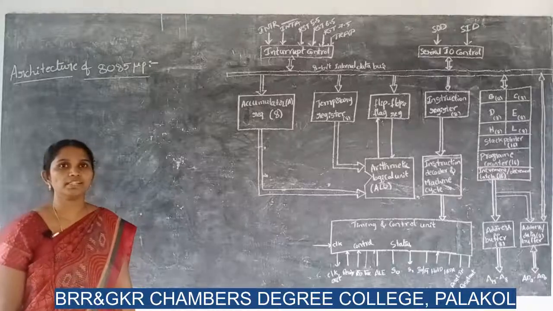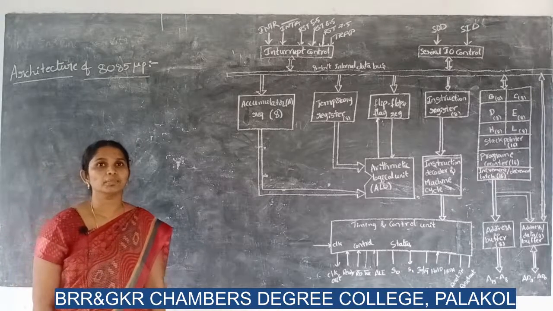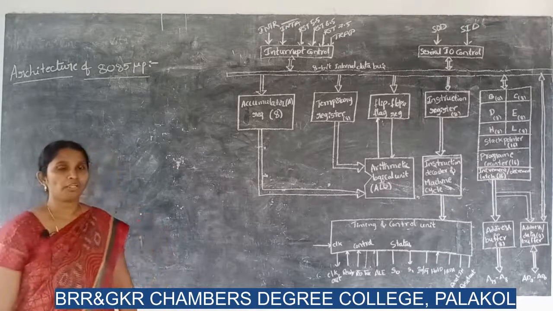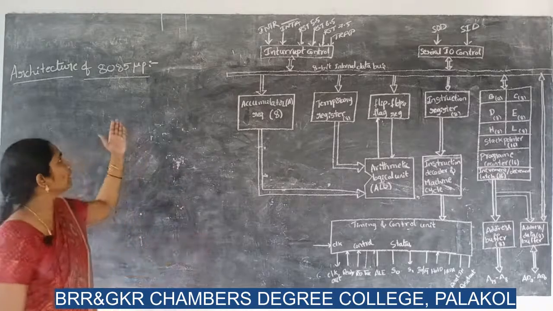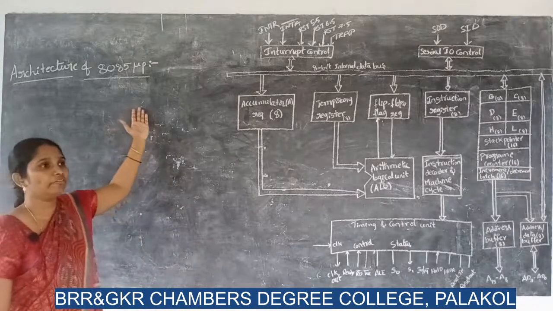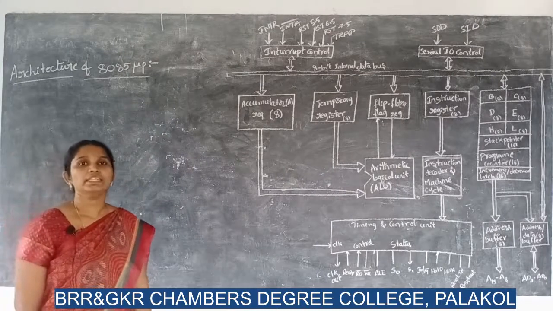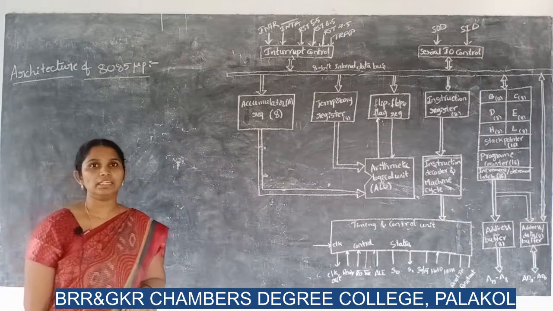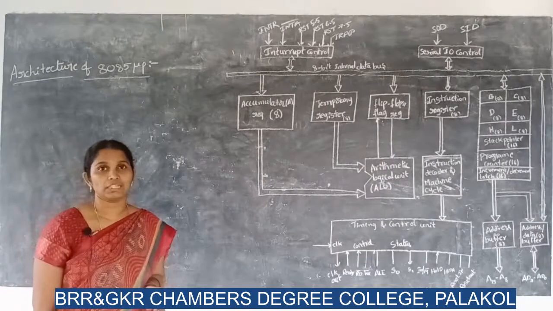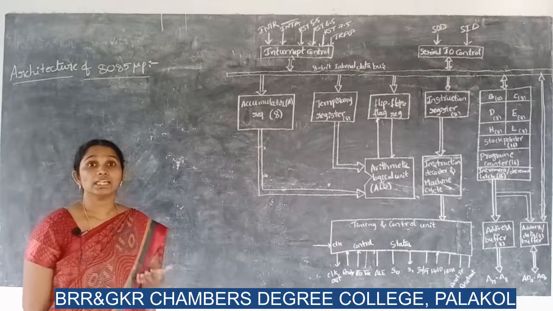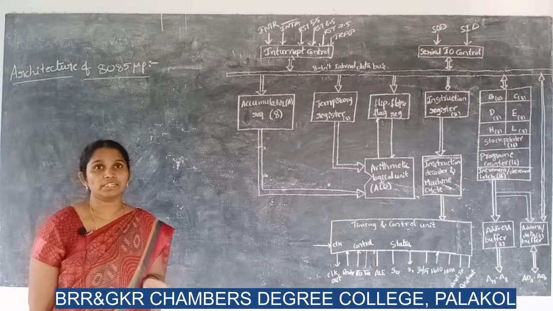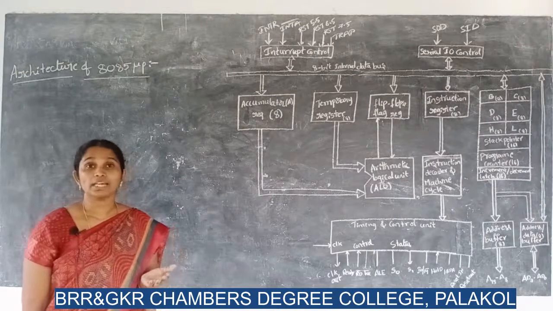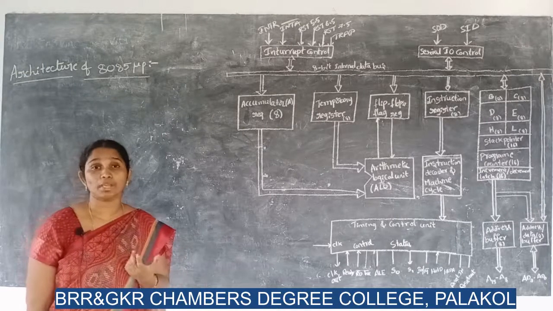Hi, my dear students. Now, in this presentation, I would like to explain about the architecture of an 8085 microprocessor. In the last presentation, we have seen what is meant by an architecture, what is the need of a microprocessor, and what are the major operations of a microprocessor.